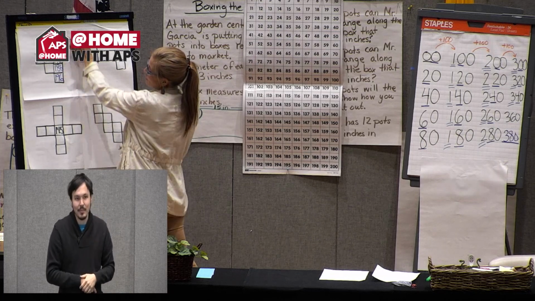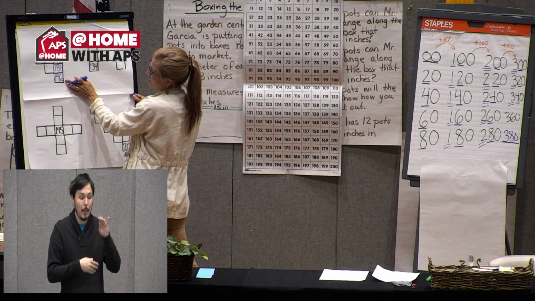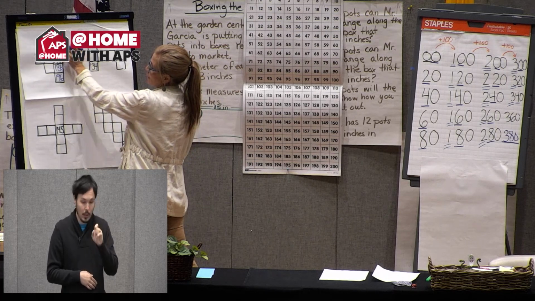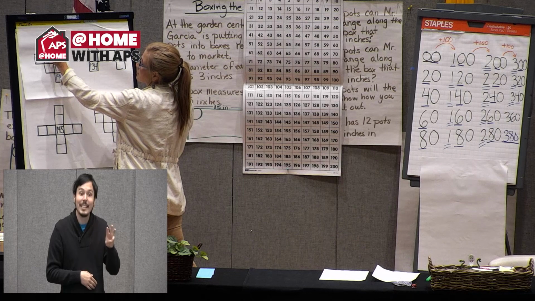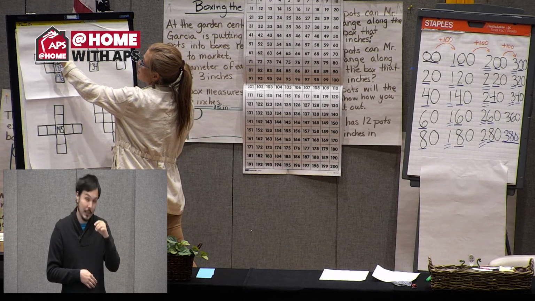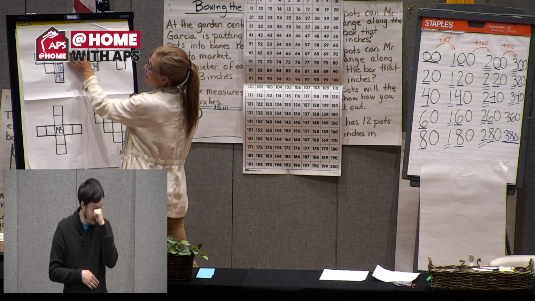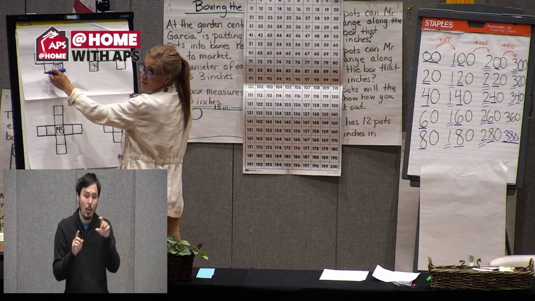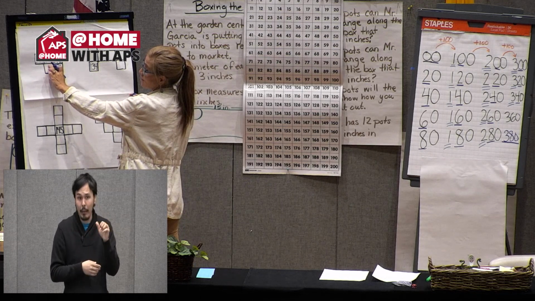196, exactly. And then we could count backwards by tens here, right? 196, 186, 176, 166, 156. And then we'd go by ones to get these. Or we could count by tens going this way too, I guess. 175.